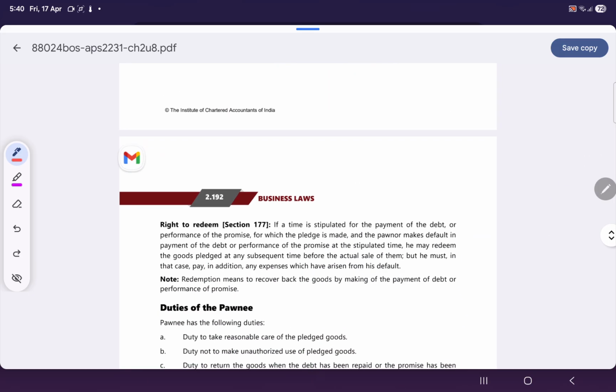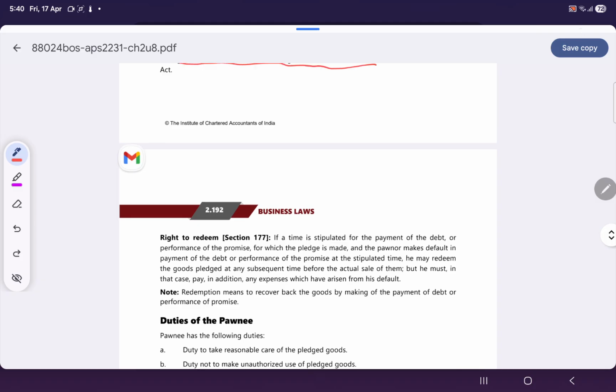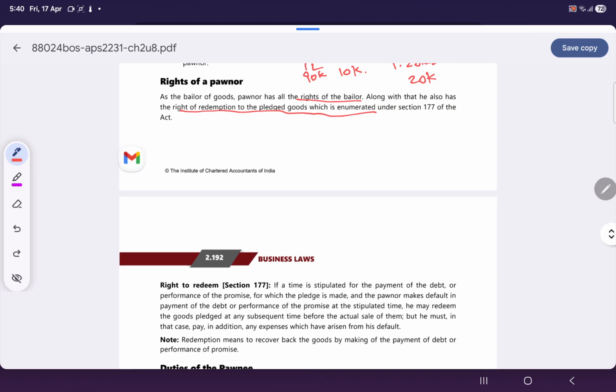What is the right to redeem? The pawner is one who has taken the payment and given the goods.